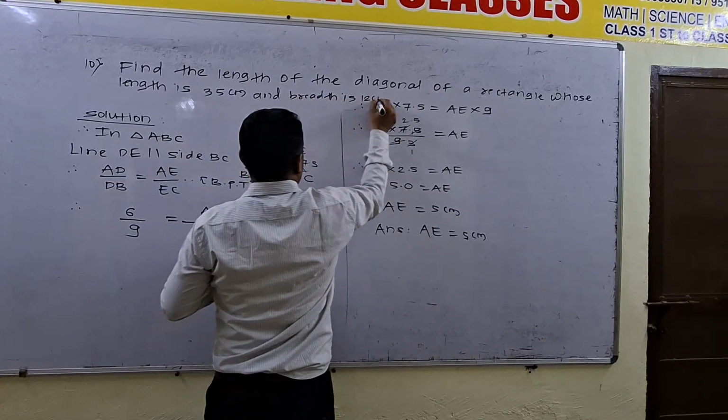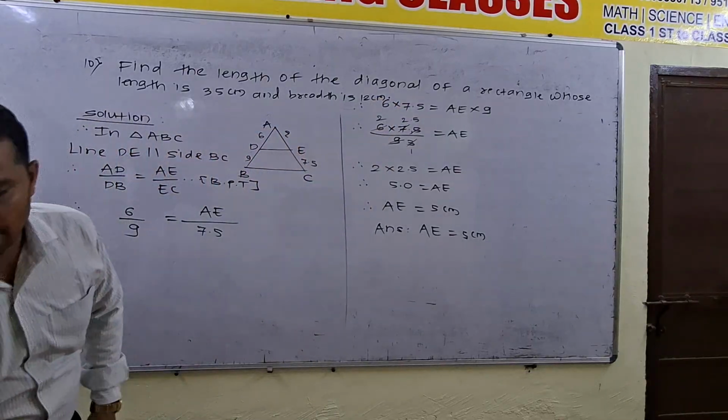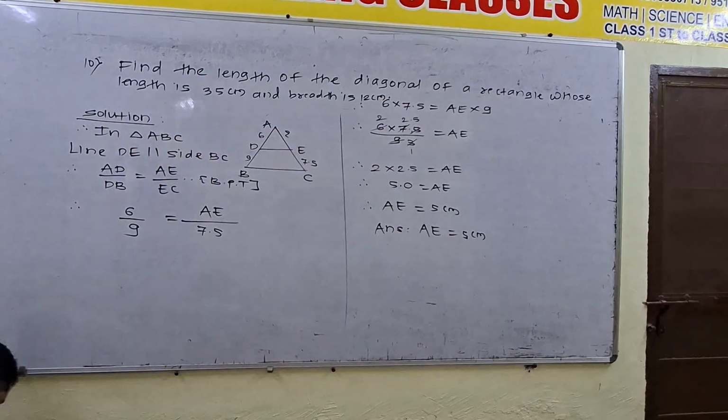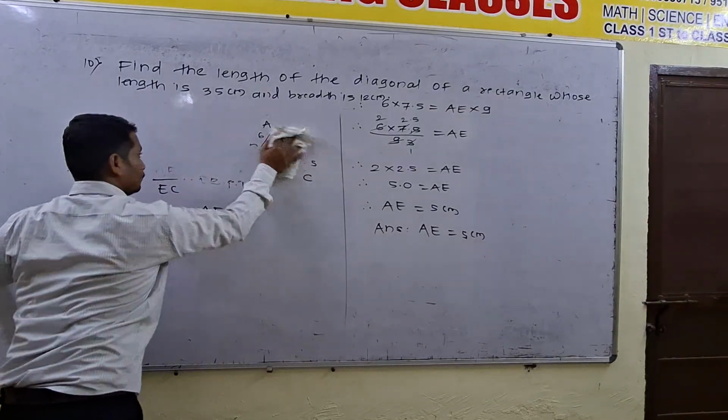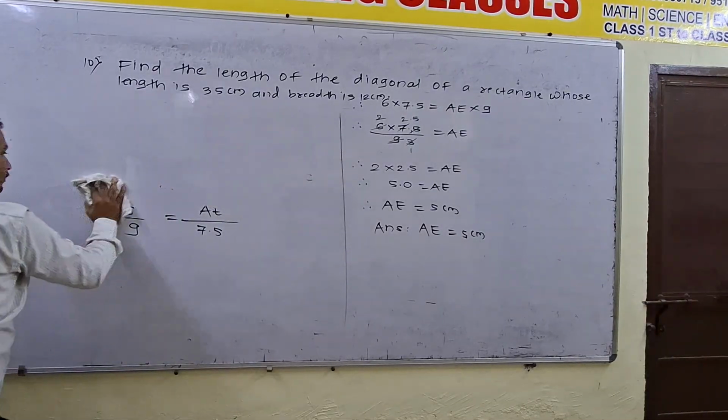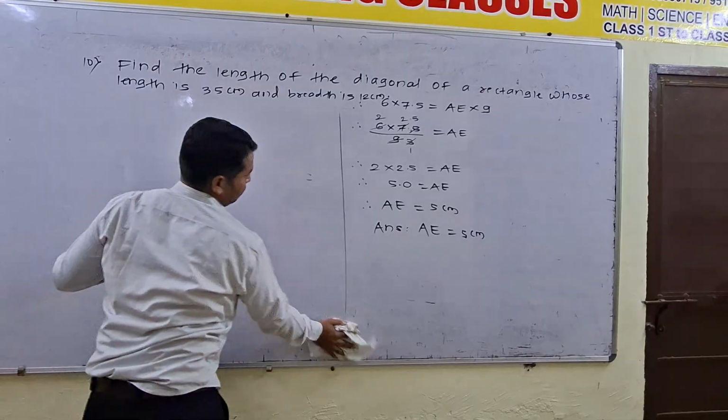There is 12 centimeter, 35 centimeter and 12 centimeter. Find the length of the diagonal. We write down there: find the length of the diagonal.